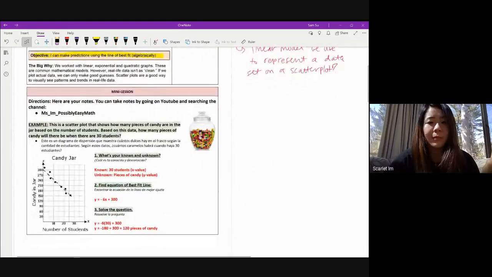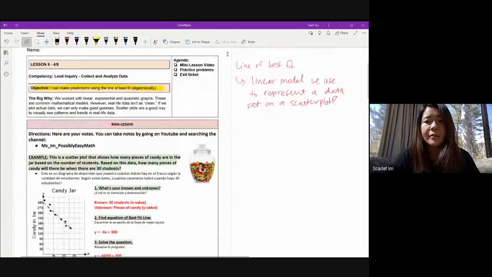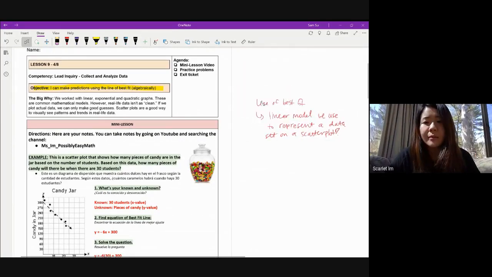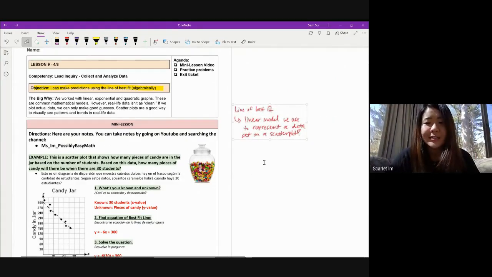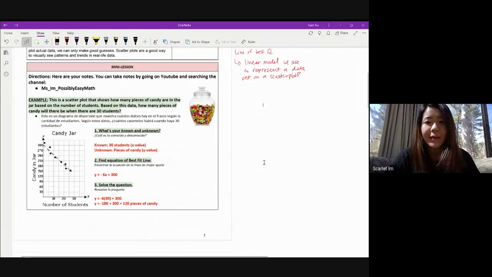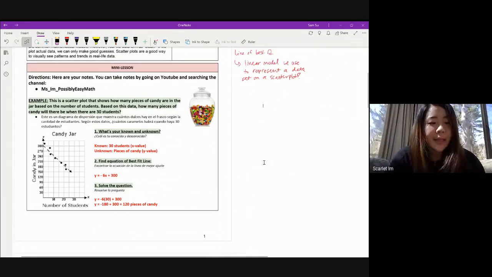So we have this problem here. I'm going to move this down a little bit and make it smaller so you can see it. In this case, I'm going to read out the example.